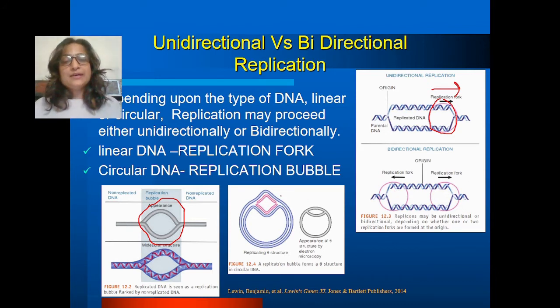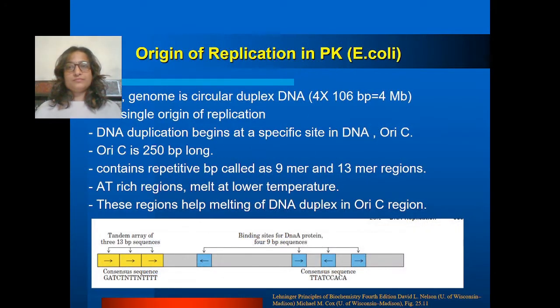And then the replication bubble in circular DNA forms a theta-like structure, because you have your parent DNA, then daughter DNA, and there are two forks. So accordingly the structure takes up the form of a theta. So that was about your origin of replication, general features and replication fork.